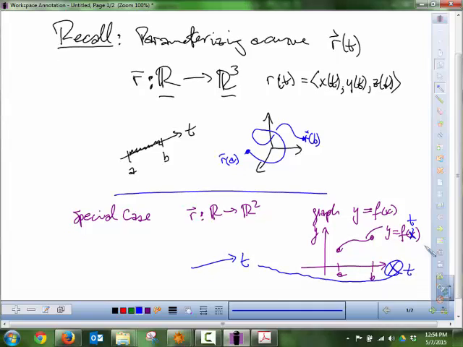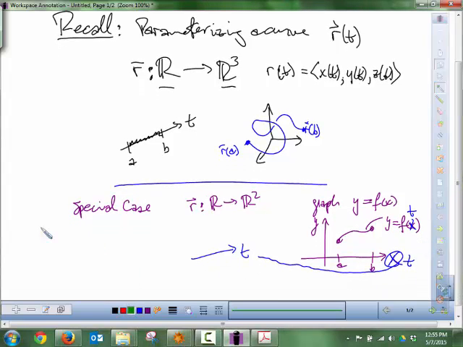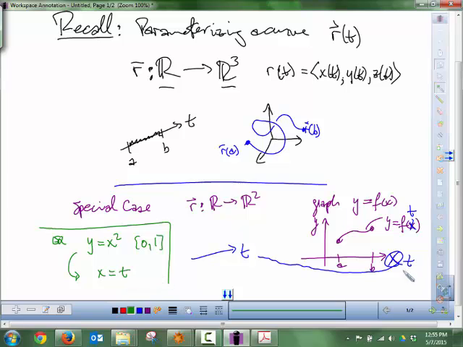If I want to parameterize y is equal to x squared, from x going from 0 to 1, for example, I can just write x is equal to t. That's changing your independent variable to the parameter itself.